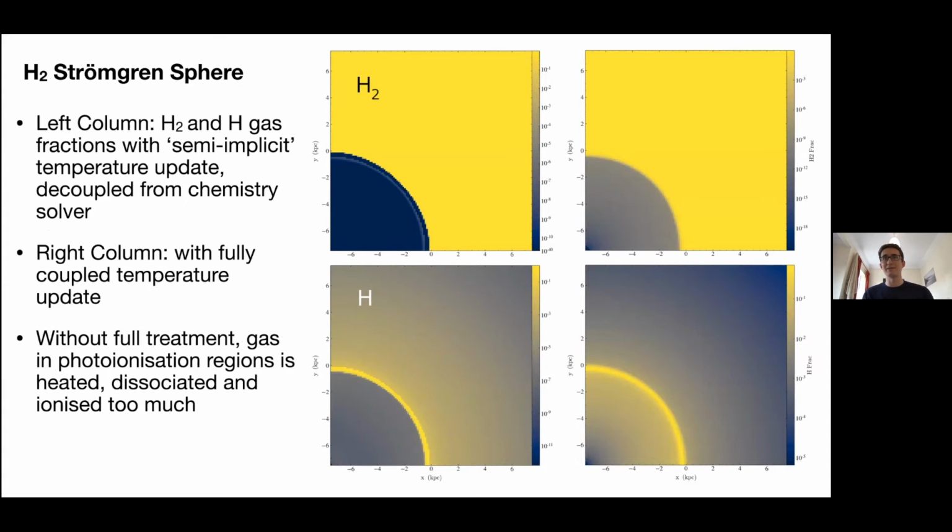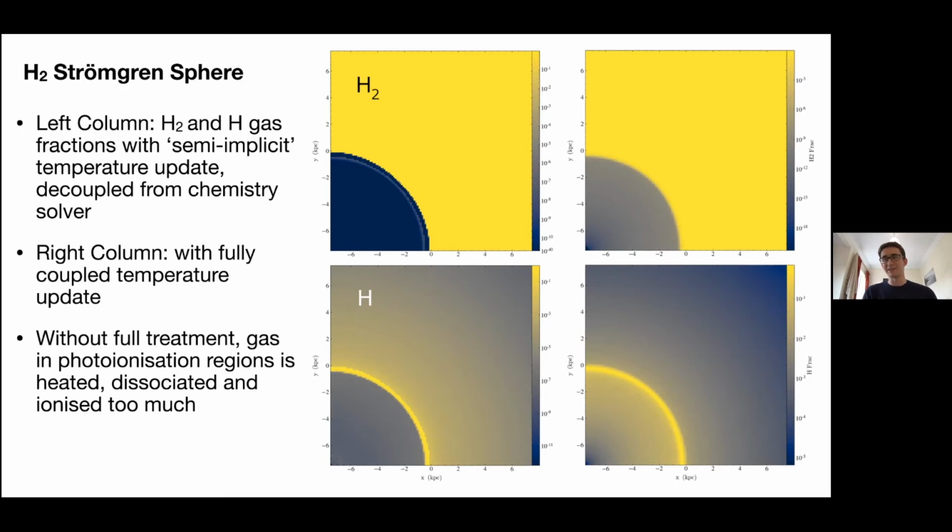So that would be a star in a corner of some homogeneous gas. And there's one I picked out to look at today, which is particularly interesting because it demonstrates a numerical point. So this is a star in a box of homogeneous molecular hydrogen, so not a normal Strömgren sphere.